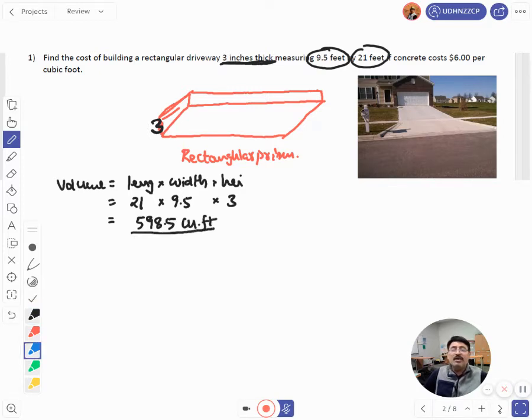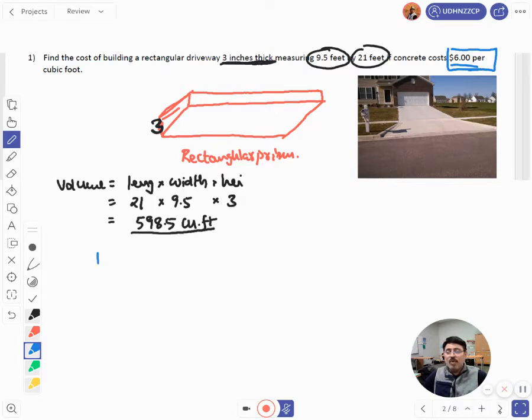Next, coming to the cost, when you plan to go for any kind of construction, obviously we have to spend some money for constructing that part. And here the cost is $6 per cubic foot.